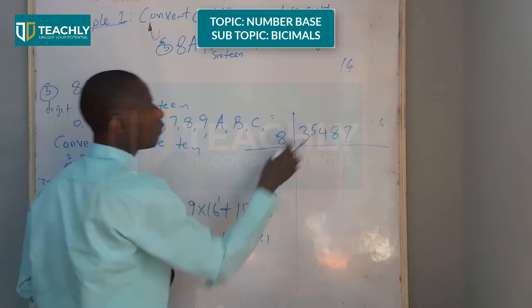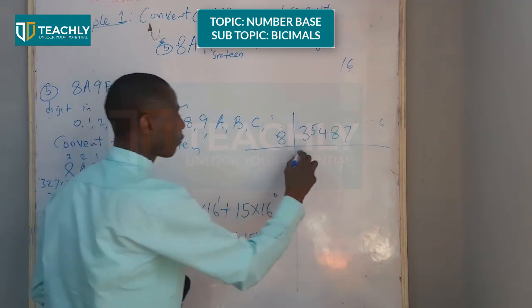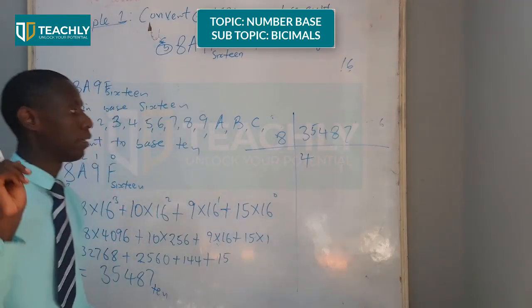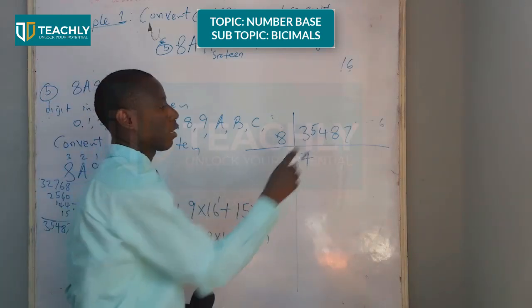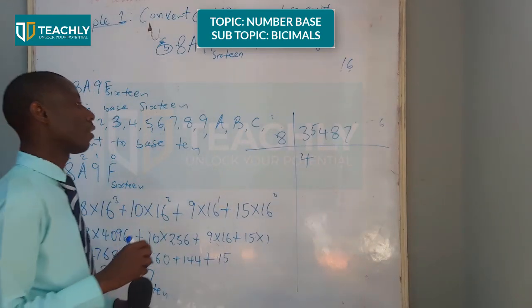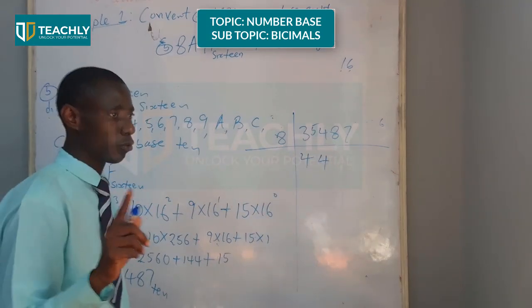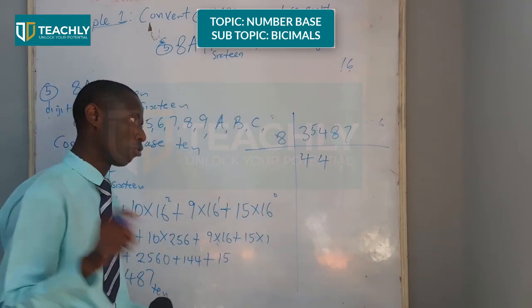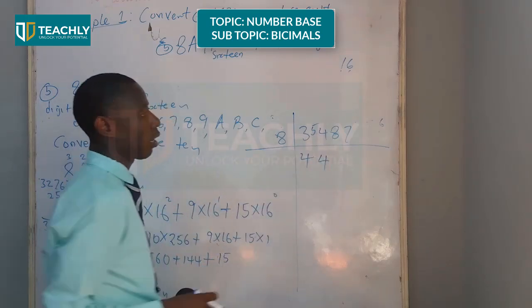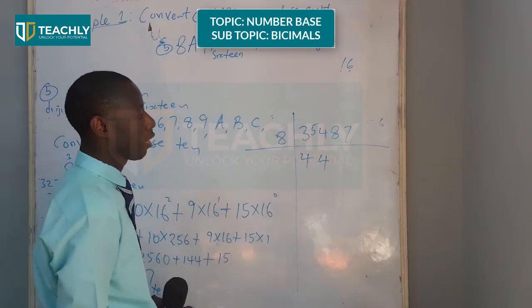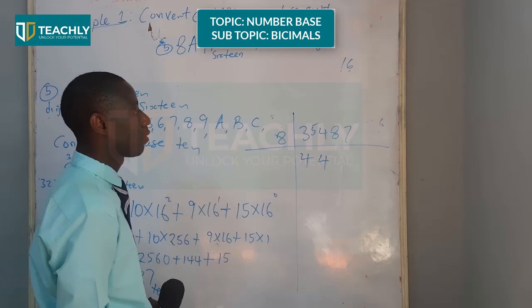8 in 35, we get 4, which is 32, remainder 3. Bring that 3 here, that is 34. 8 in 34, you will still get 4 again, which is 32. 32 from 34, remainder 2. Bring that 2 here, that is 28. How many 8s in 28?